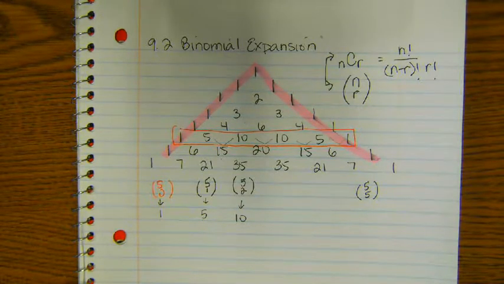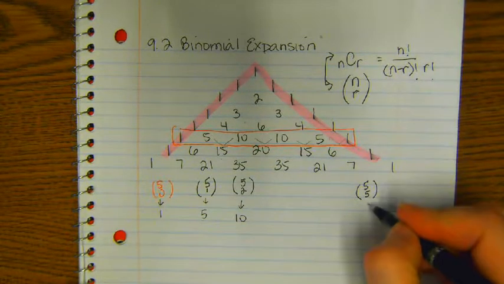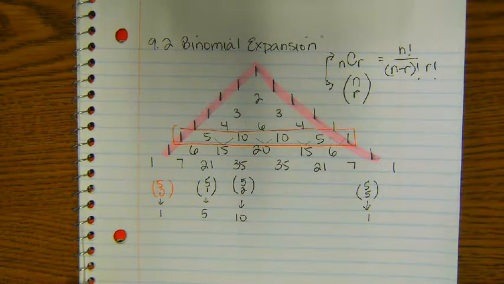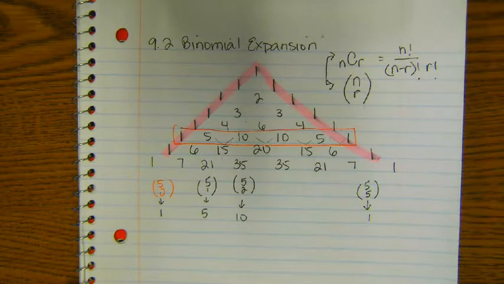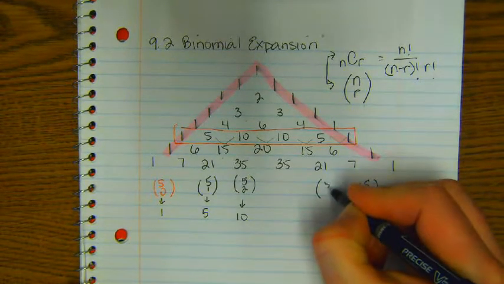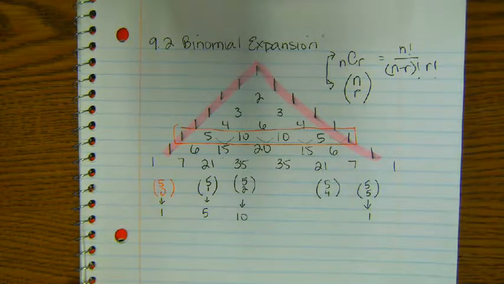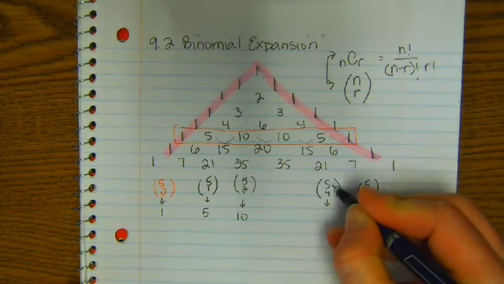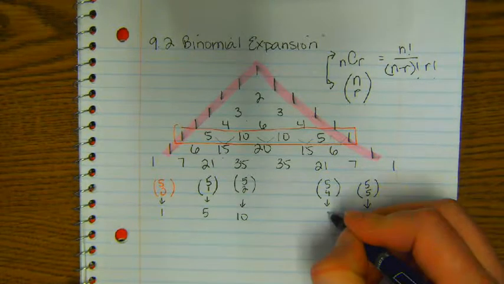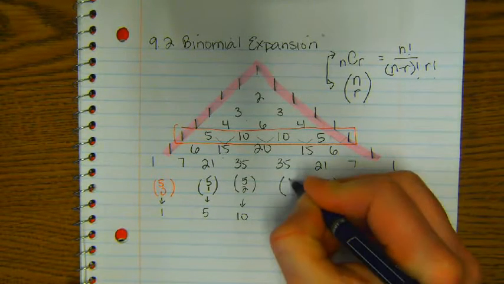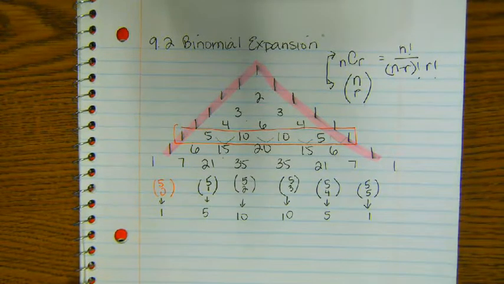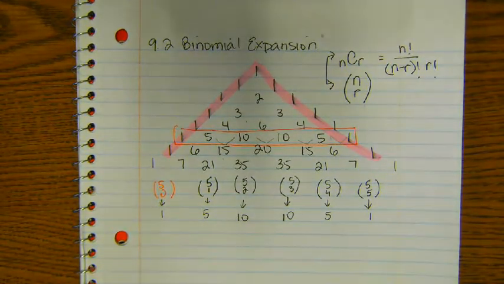Yeah, 5C5 is 1. 5C4. Okay, so when you do 5C4 in your calculator, you get a 5. So now compare that to row 5 of Pascal's triangle, and what do you see?